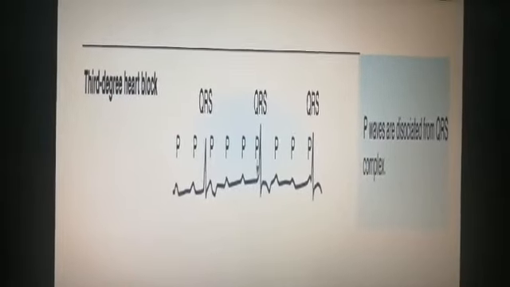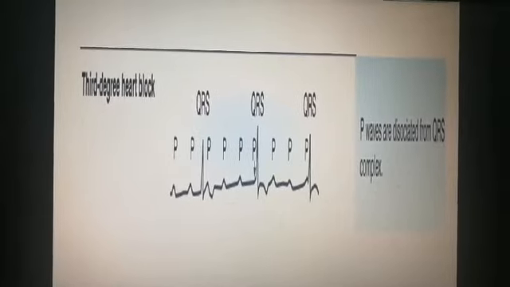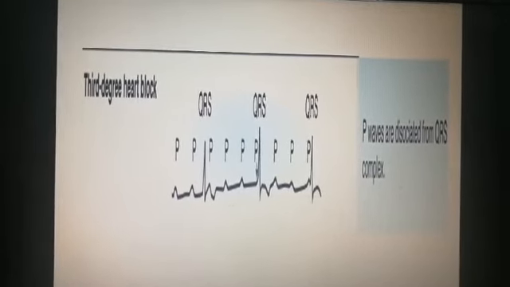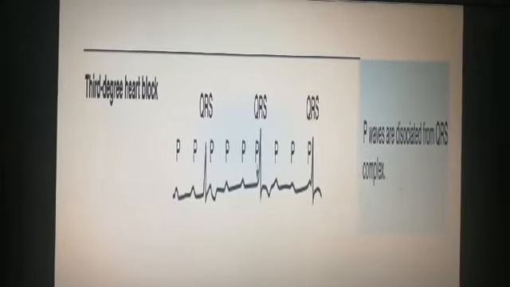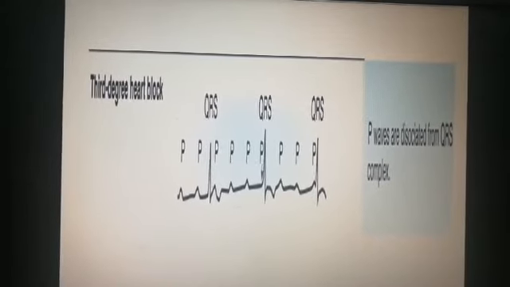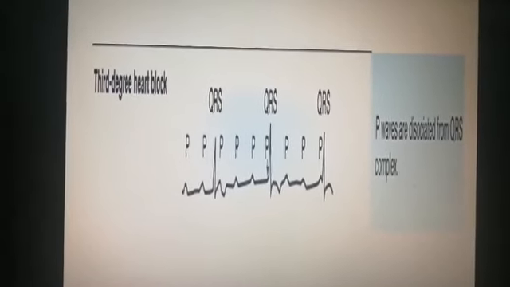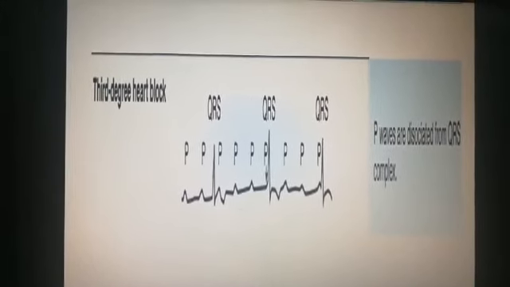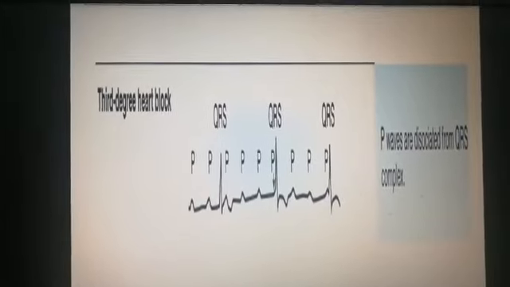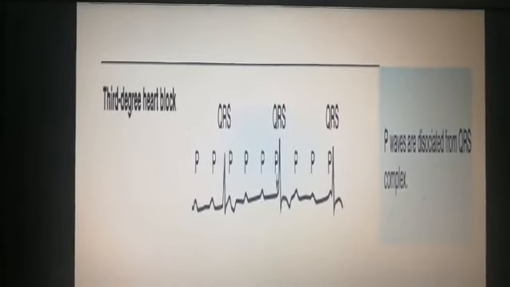After each P wave there should be a QRS complex, but you see in this picture it doesn't happen, and P waves are dissociated from the QRS complex.